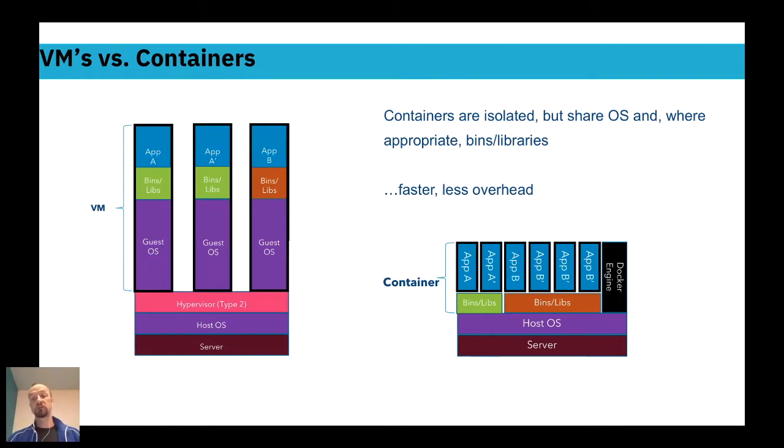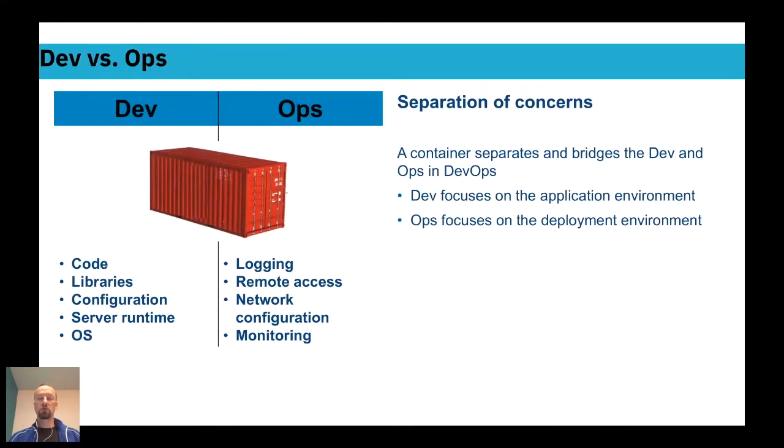And all these systems are running, like previously we had a hypervisor, and over here we have the Docker engine. The Docker engine is deployed on the host systems and supervises the activity and actions of the applications being deployed. So what concerns us, and how does the idea of DevOps come in? The development part is responsible for the code, for the libraries, for the configuration, for the runtime of the server itself and the operating system.